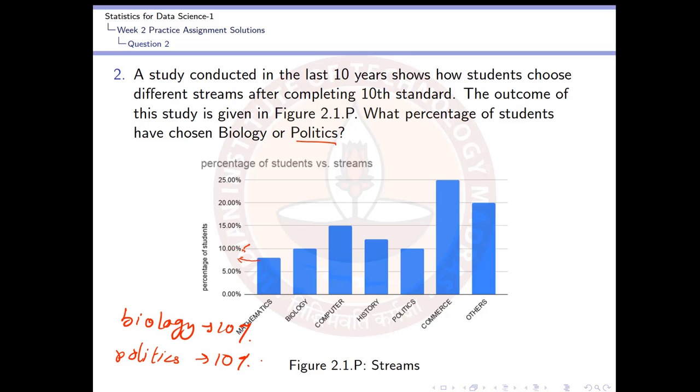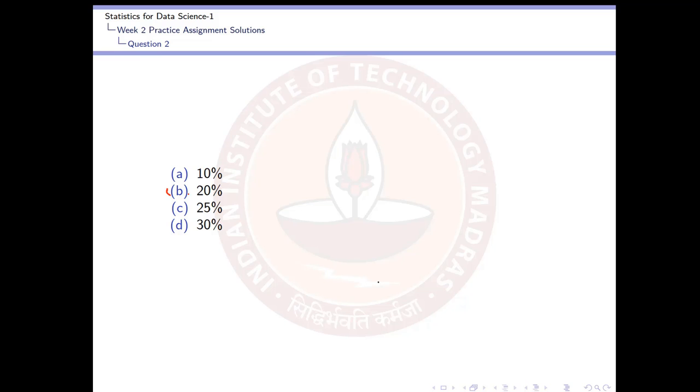So the students who choose either biology or politics will be the sum of these, that is 10 plus 10, which is 20% students choose either biology or politics after 10th. So the right answer is 20%. Let's move to the next question.